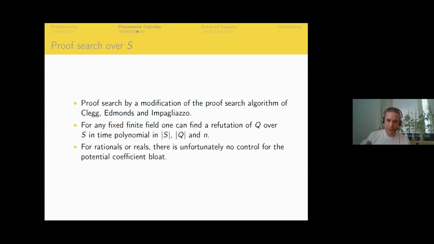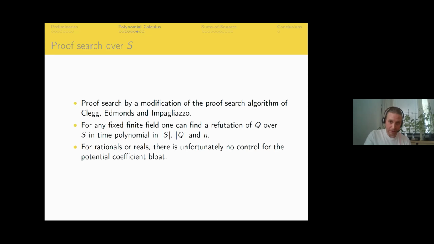But unfortunately, for rationals or reals, there's a potential for serious coefficient bloat that itself will basically work against the running time. So basically, even for rationals or reals, one can search for the proof in polynomial number of basic operations, so to say, but your coefficients might blow up so that you lose polynomial runtime.